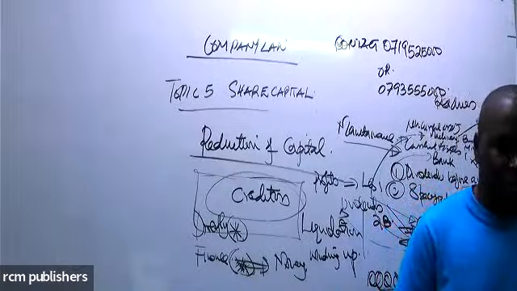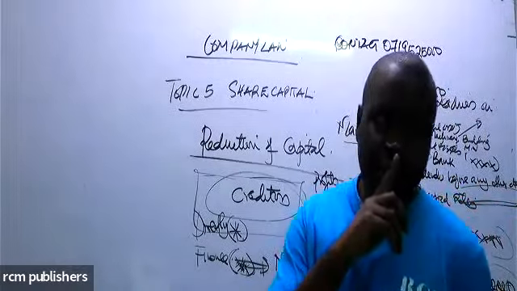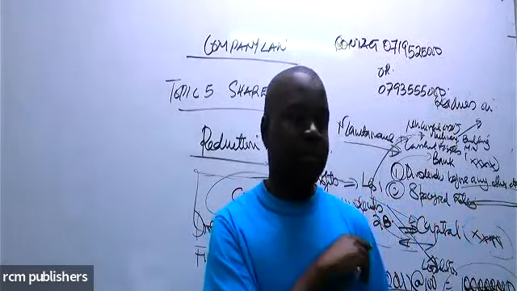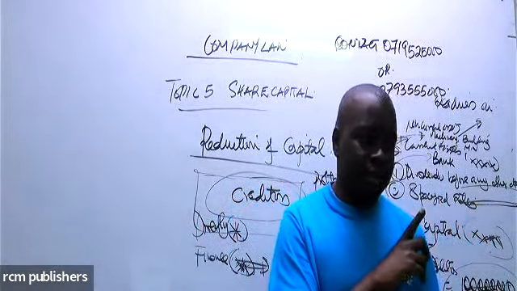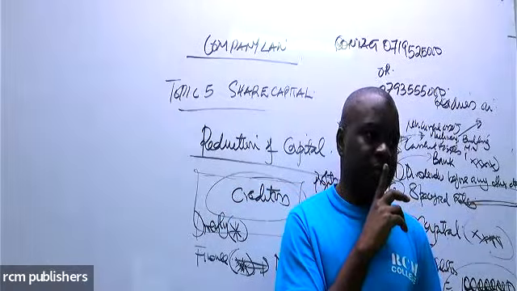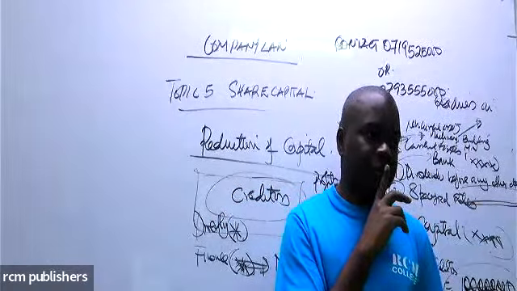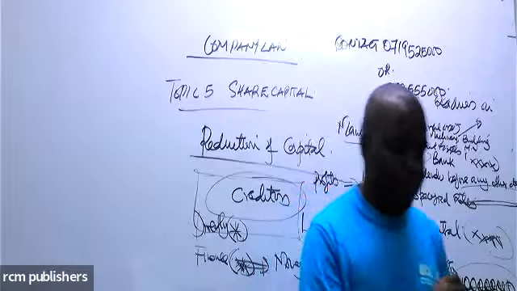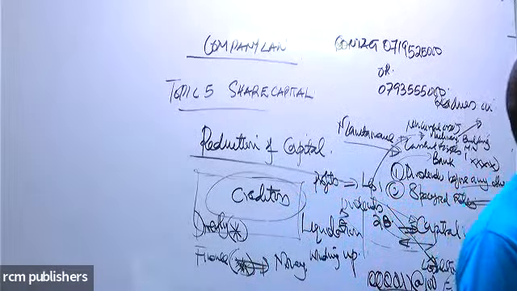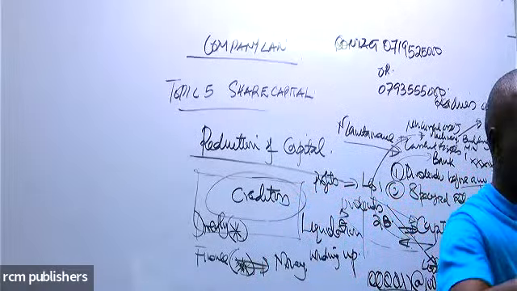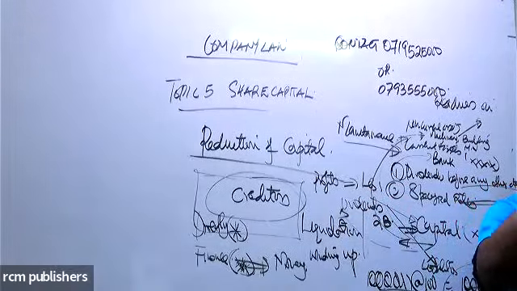Directors: in a private company, you can have just one director. In a public company, at least two directors. Very correct. What about asking people to subscribe for shares?